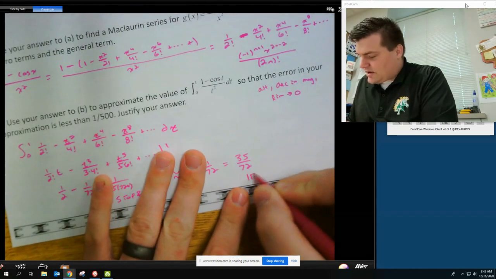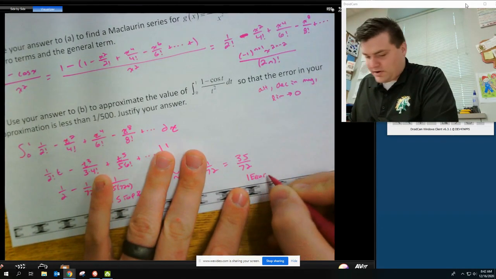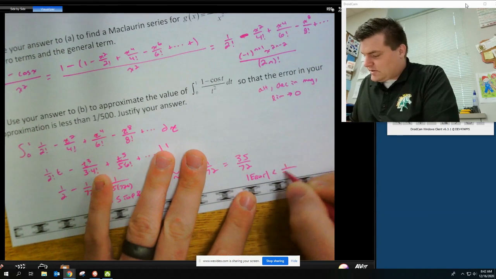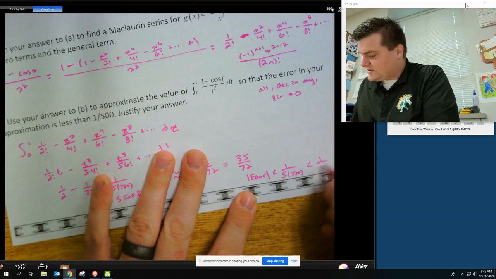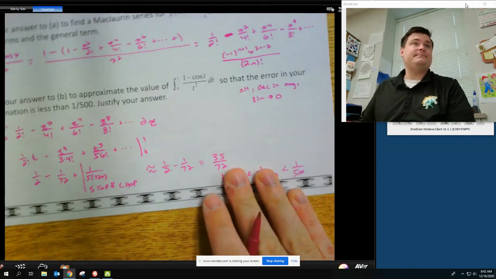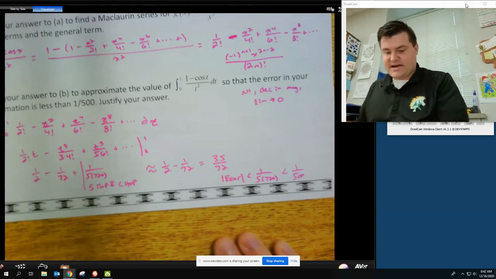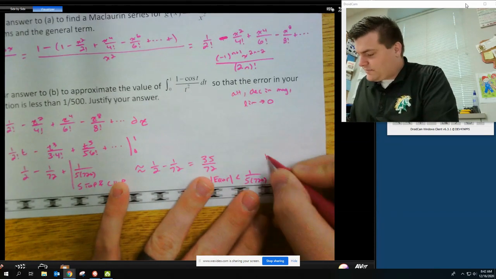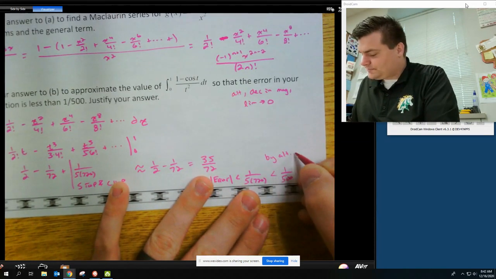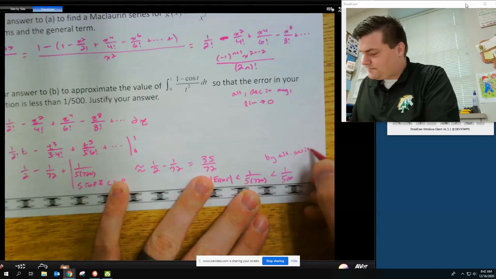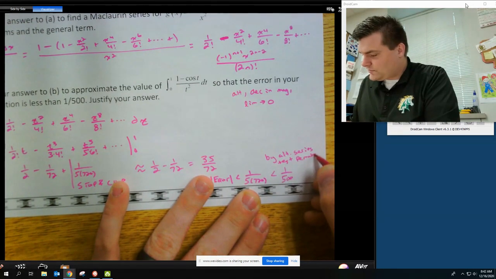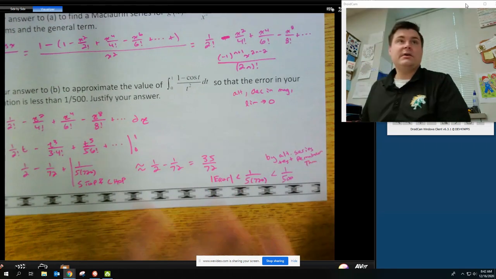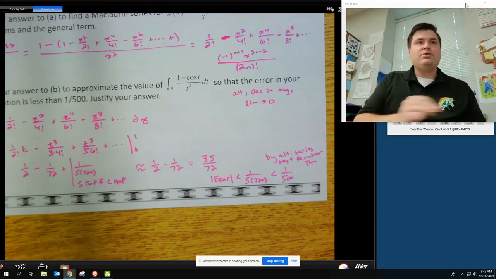And again, the error here, if I can spell error correctly, you don't need to actually write down what this real number is. It doesn't matter because we do know that it is indeed less than 1 over 1/500. Okay? And this is by the alternating series test remainder theorem. There you go. That is day 2 for Taylor series.